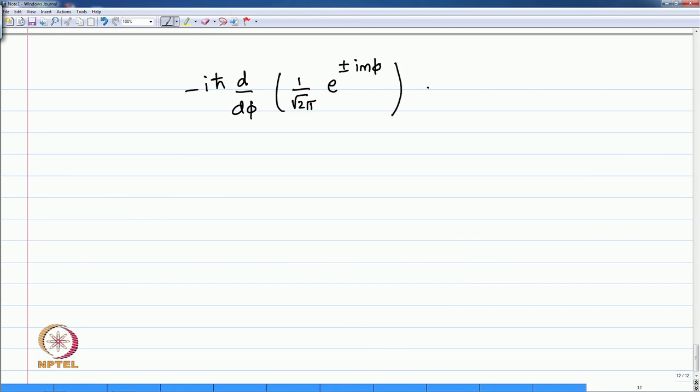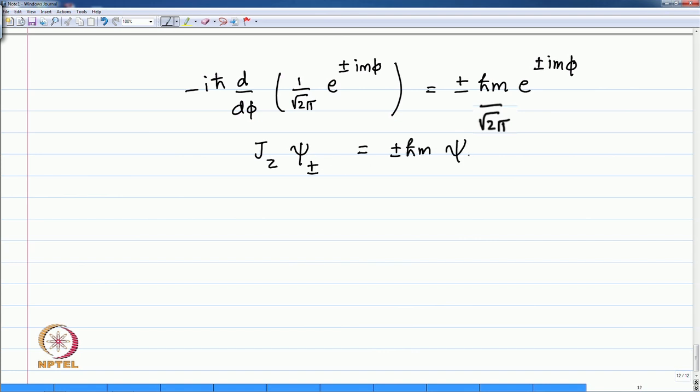If I put that in, then you will get the answer, plus or minus h bar m e to the plus or minus I m phi. So, the plus is for the plus and the minus is for the minus. Therefore, the angular momentum operator Jz acting on psi gives you plus or minus h bar m psi, where the plus component is e to the I m phi, the minus component is e to the minus I m phi.